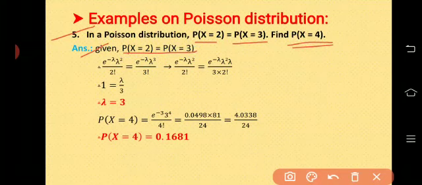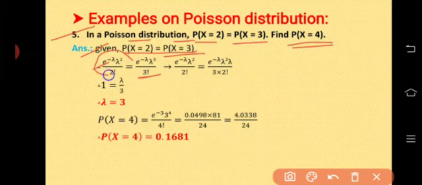Now we know that the PMF of Poisson distribution is P of x equal to e raised to minus lambda, lambda raised to x upon x factorial. In that PMF we will put x equal to 2 and x equal to 3. So we will have e raised to minus lambda, lambda raised to 2 divided by 2 factorial, which is equal to, now put x equal to 3, e raised to minus lambda, lambda raised to 3 divided by 3 factorial.